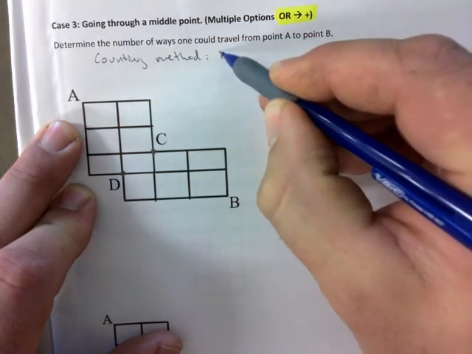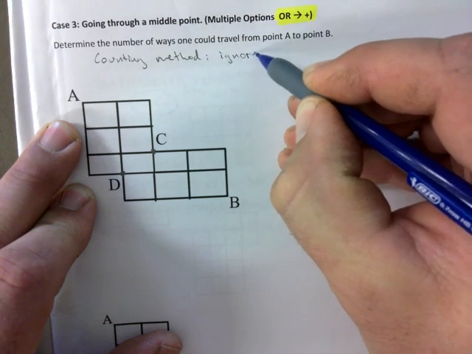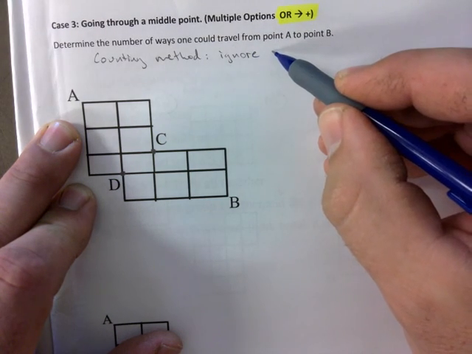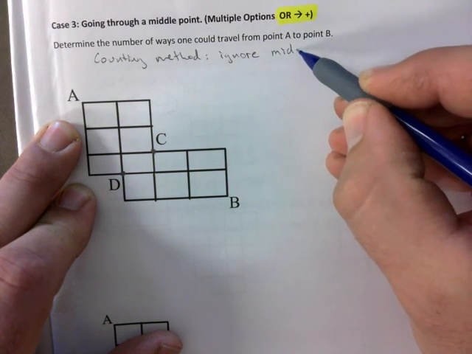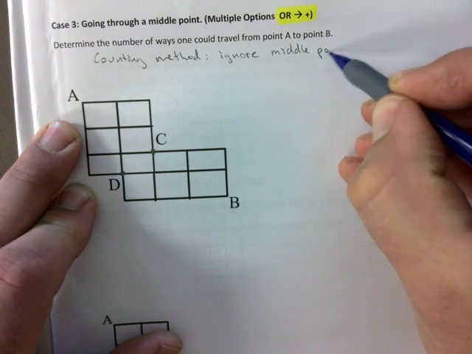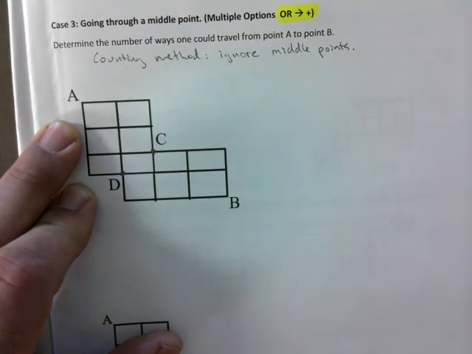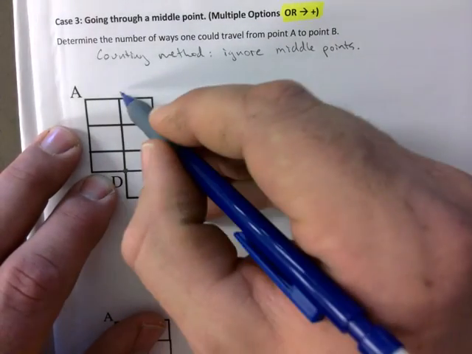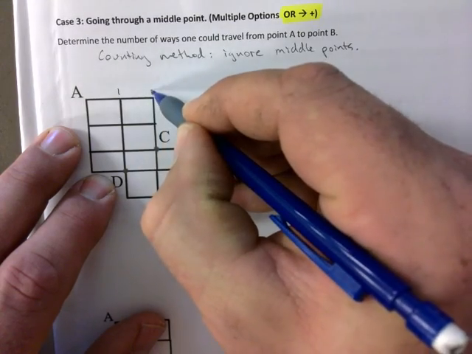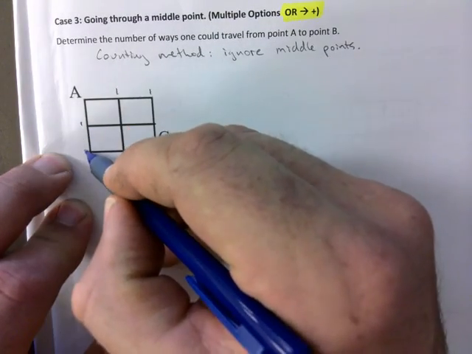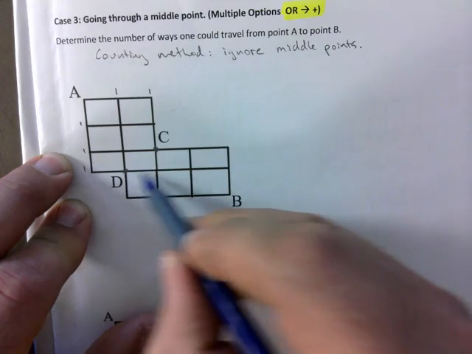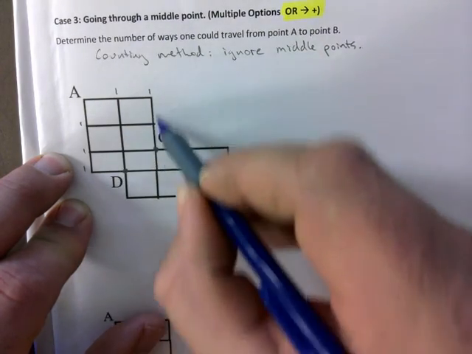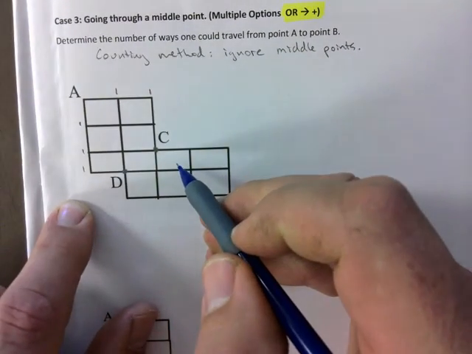It's almost like you ignore middle points or passages that you have to go through, right? So you almost ignore it. So you almost just treat it like it's a regular problem. So it's like 1, 1 still, 1, 1, 1. So you almost treat this rectangle as a case on its own.